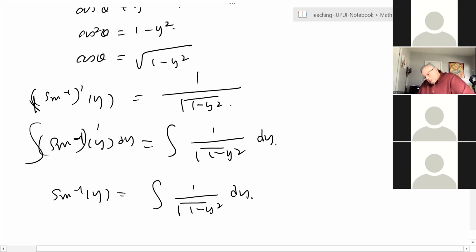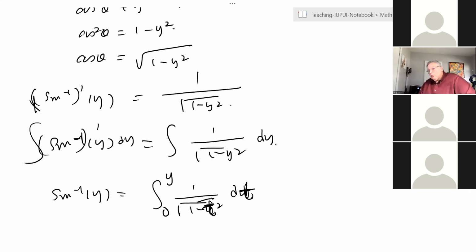I have to specify the value: when this is 0 to 0, so 0 and y, I'm going to change the parameter here to t. Okay, so I cannot express the inverse function directly using elementary functions, but I can express it as an integral of some elementary function. That is what, right? So this is the inverse function formula.